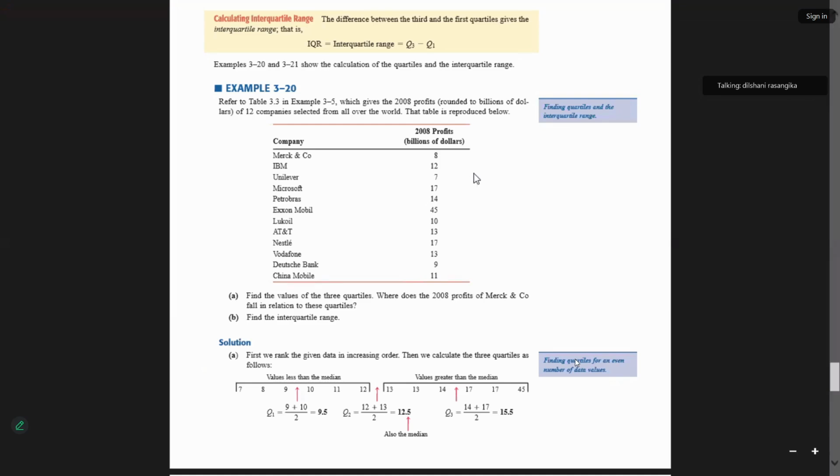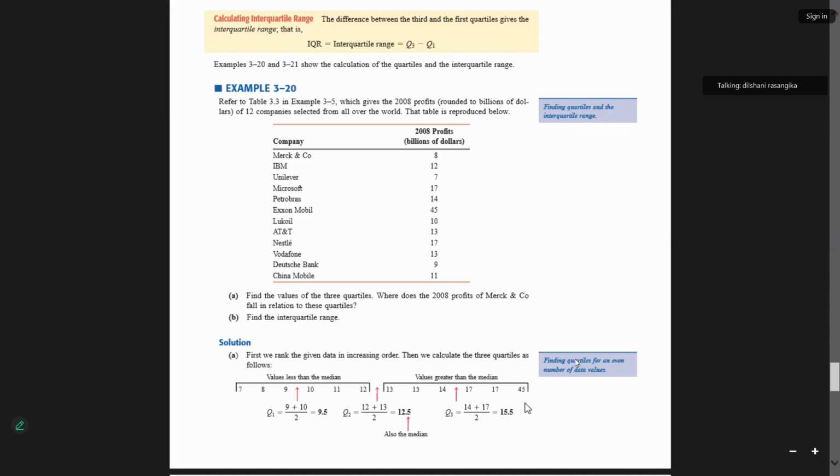Okay, then, there are 12 data in this data set, 12 raw data. Then what is the first thing we need to do? The first thing is we need to arrange it in increasing order, from the smallest to largest.